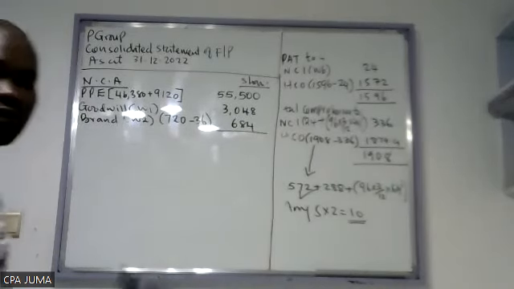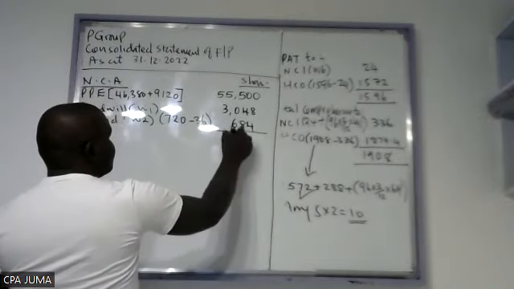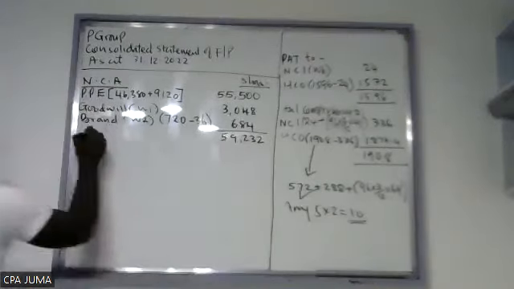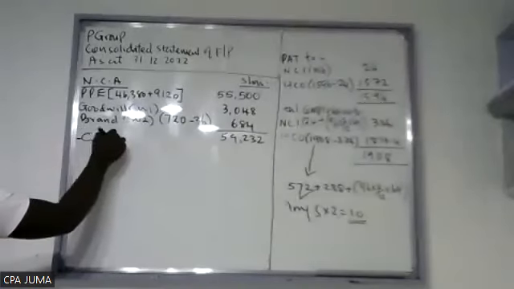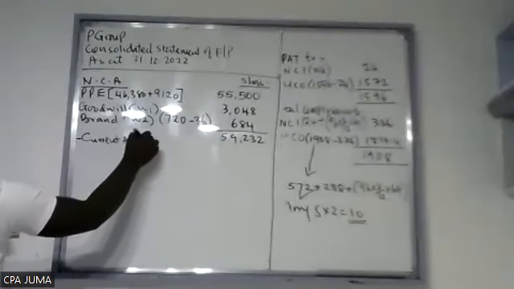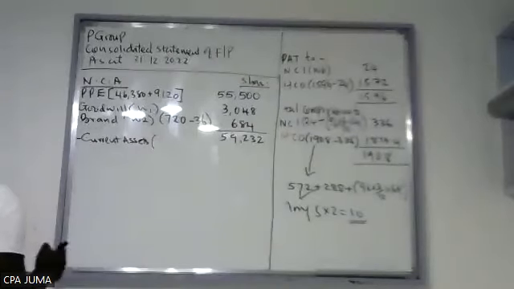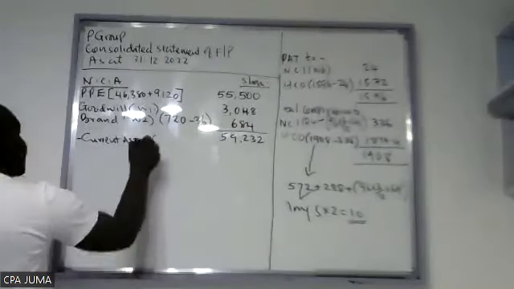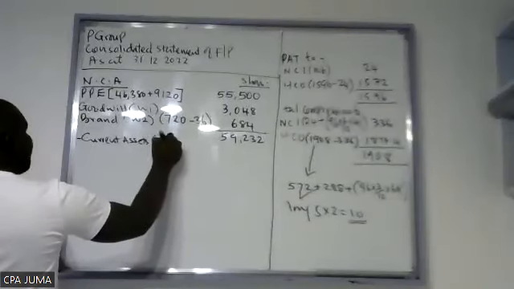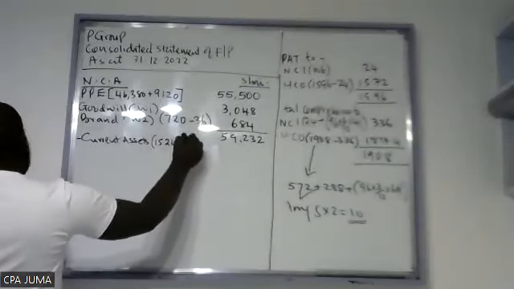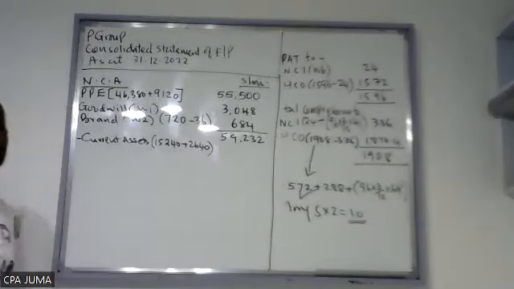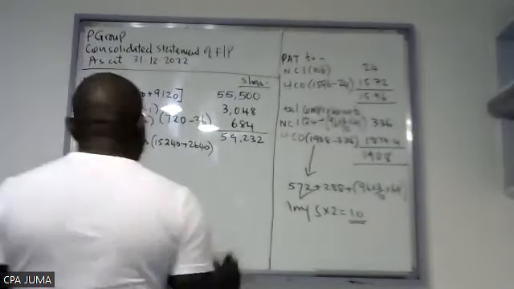When you add, people are saying 59,32. Current assets: 15,240 plus 2,640. How much? 17,880.